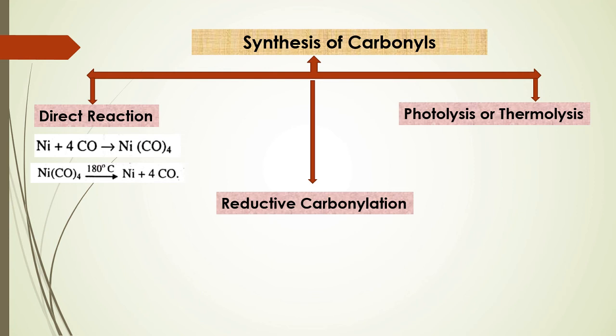When carbon monoxide is passed over impure finely divided nickel between 50 to 80 degrees Celsius, nickel carbonyl is formed, and when it is heated at 180 degrees Celsius, nickel carbonyl decomposes to give finely divided nickel. This principle is used in the purification of nickel, which is called the Mond process.